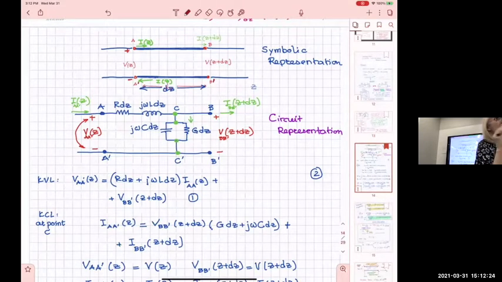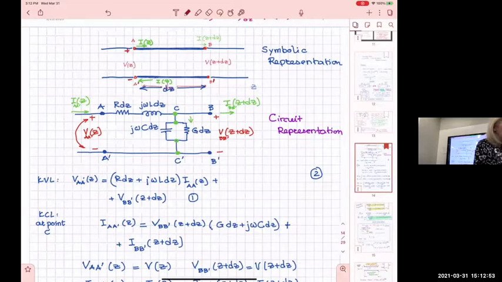So if you have any very short length of this line, the only thing you have to do is to multiply your resistance, which is in ohms per unit length, by that length of the line. In this particular case, it is DZ. Then I do the same with L, with the inductance, L DZ. Then I do the same with the capacitance, C DZ. And I do the same with the conductance, G DZ.